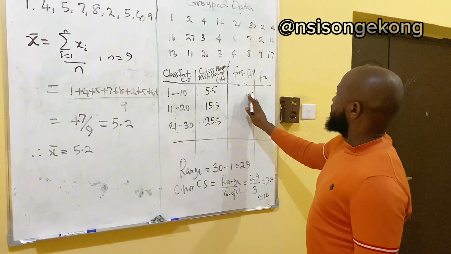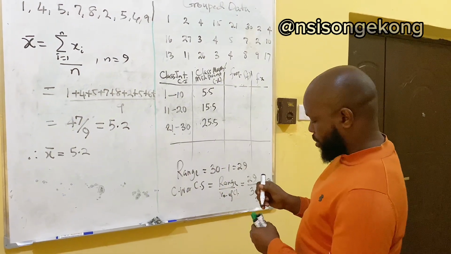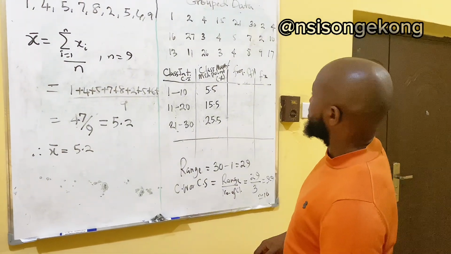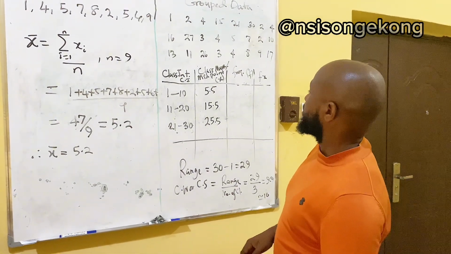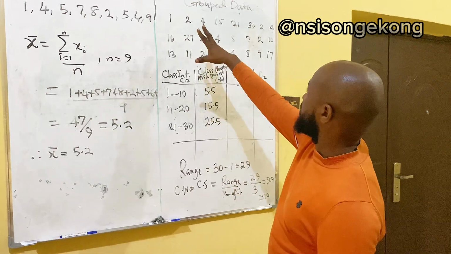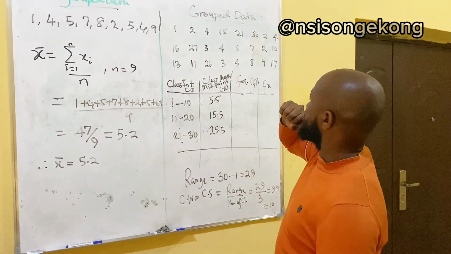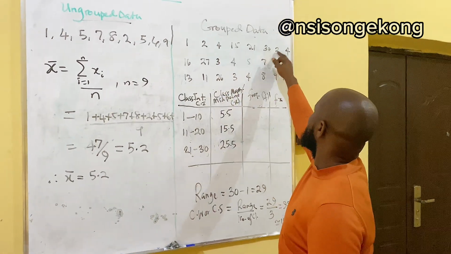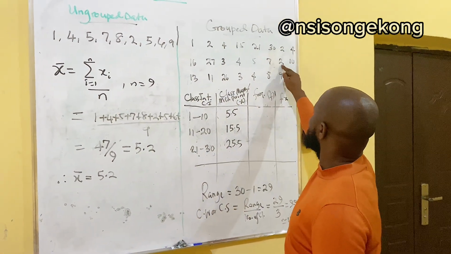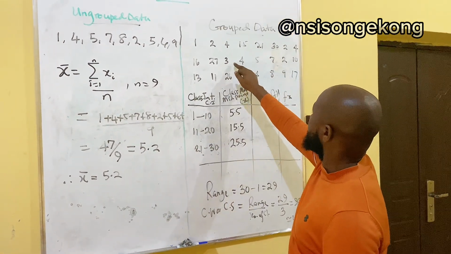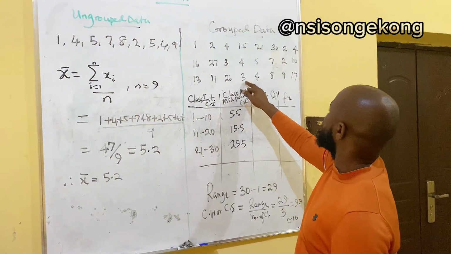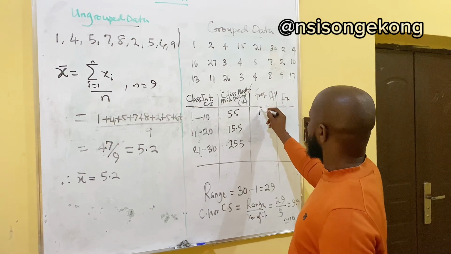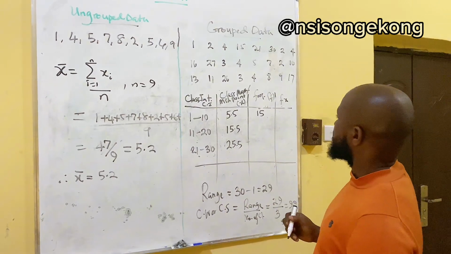Okay, so at this point, we obtain the frequencies of the entries that belong to each of the classes. For the first class, we have the boundaries 1 to 10. So we count the number of entries here falling within these boundaries. So we have 1, 2, 3, 4, 5, 6, 7, 8, 9, 10, 11, 12, 13, 14, 15 of them. So we have 15 here, the frequency of that class.